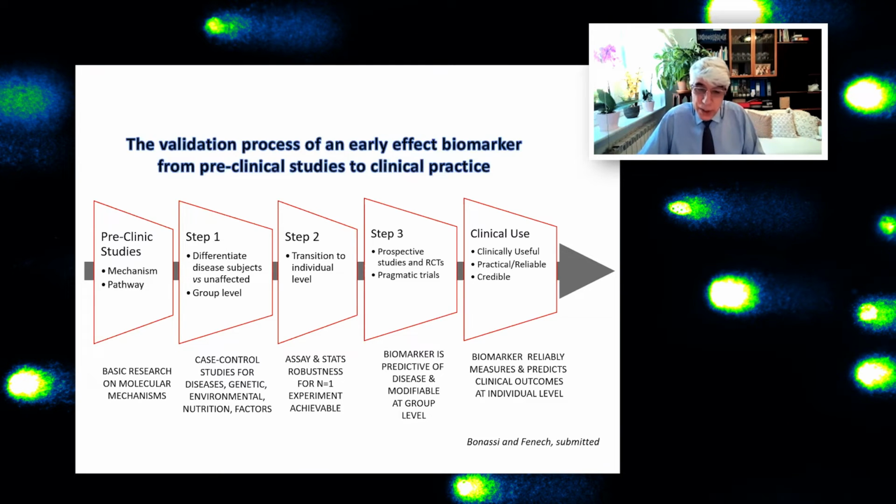Another point is that people exposed to genotoxic or carcinogenic agents show increased levels of DNA damage measured with the COMET assay. So I would say that somehow we are here at step 1, and we need to move to step 2, 3, and further.